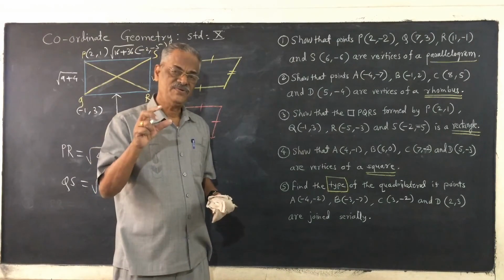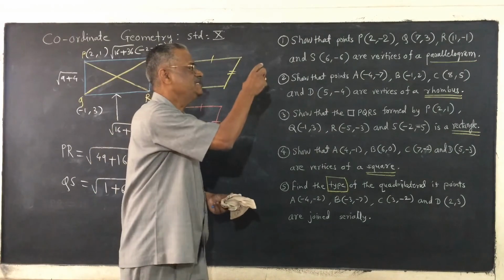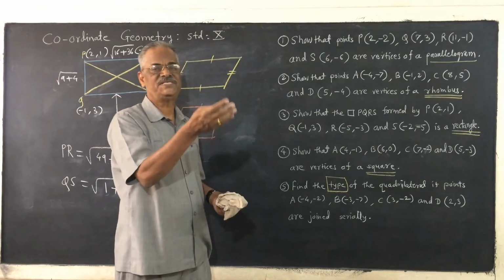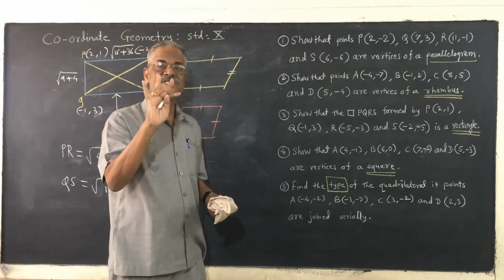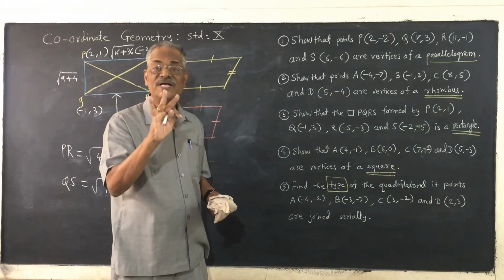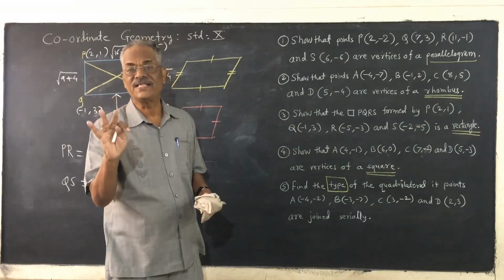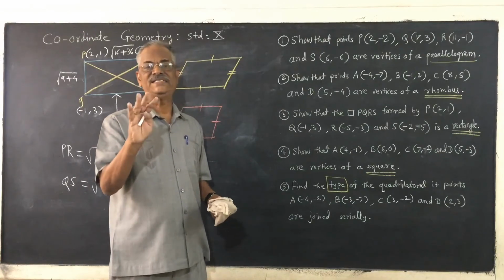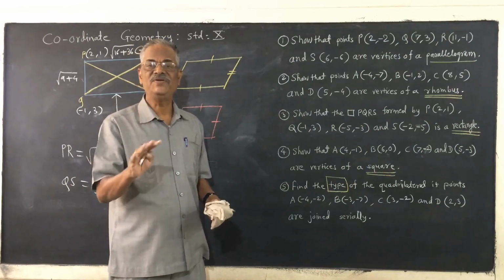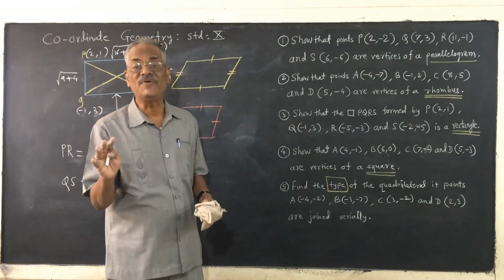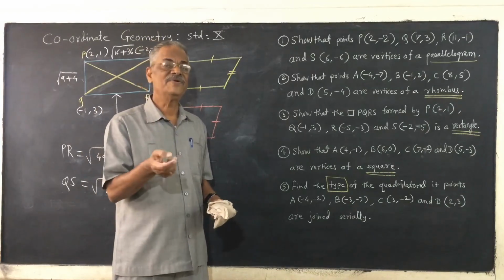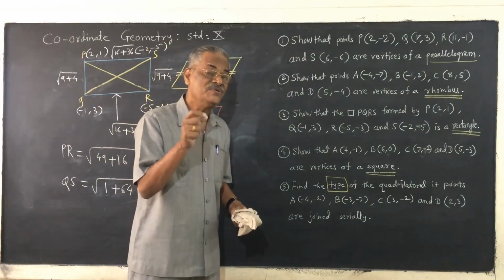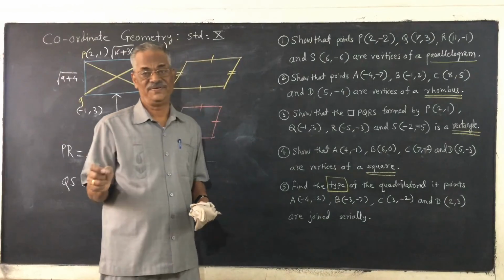So try to see that this is another group. Before this video, it was triangles. We were to consider the type of triangle, and in this video we have 4 vertices given. We are going to prove what is the type of the quadrilateral. But what is common there? You are using the distance formula.